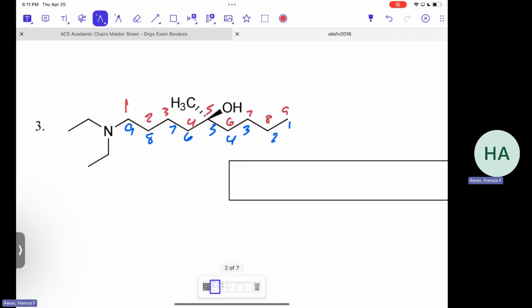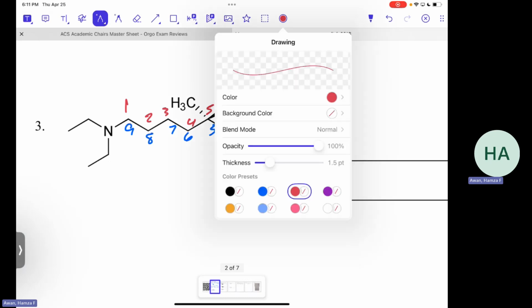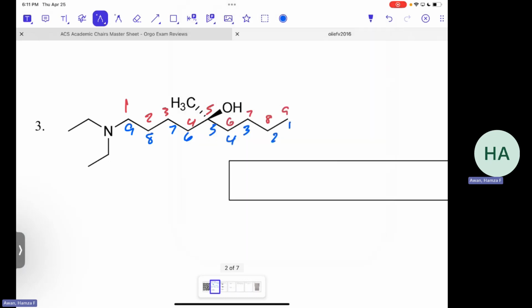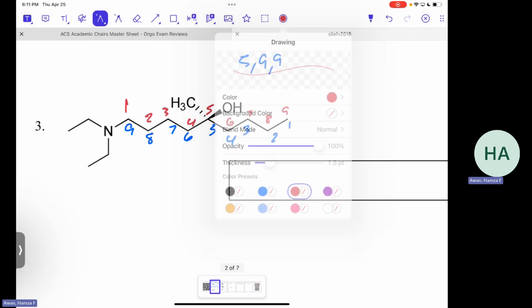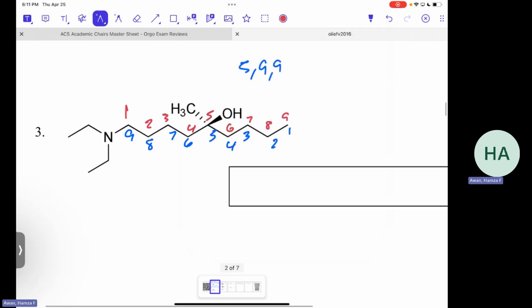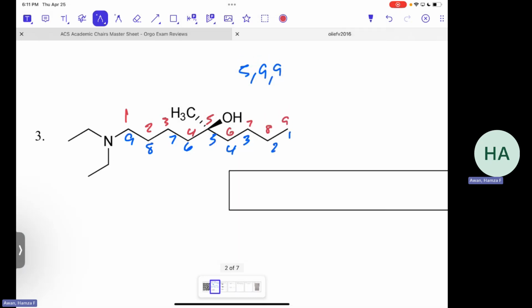In the blue numbering, we have the substituents at carbon 5 and at carbon 9. And in the red numbering, we have the substituents, not including the oxygen, on carbon 1 and carbon 5. So we're going to be going with the red numbering as the correct numbering. So we'll erase the blue.